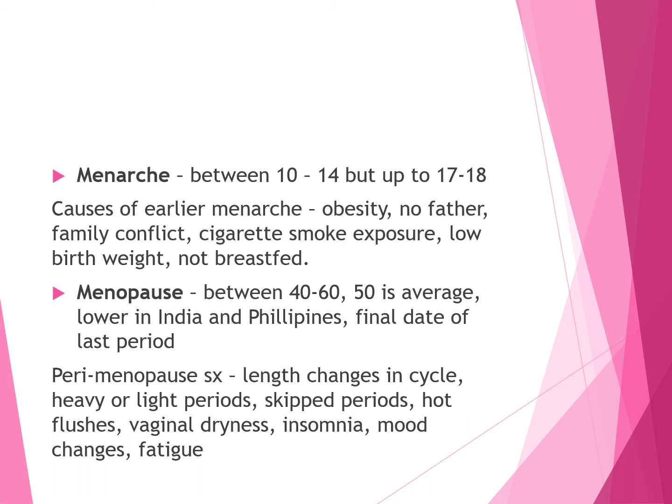In this, the length of cycle changes, heavy or light bleeding, hot flashes, mood swing, insomnia, dryness of vagina, fatigue. That is premenopause. In menopause, the menses do not come for at least 12 months continuously. That is menopause. The same complaints are there.